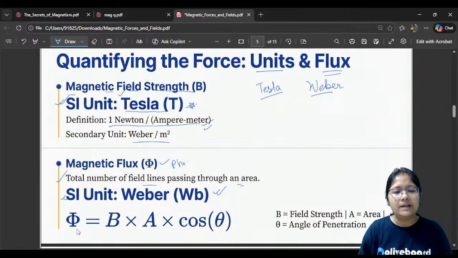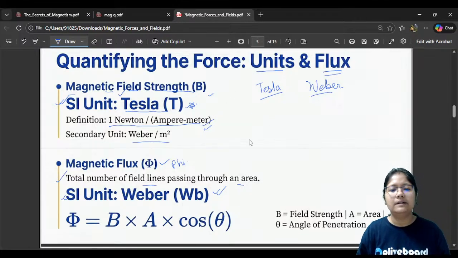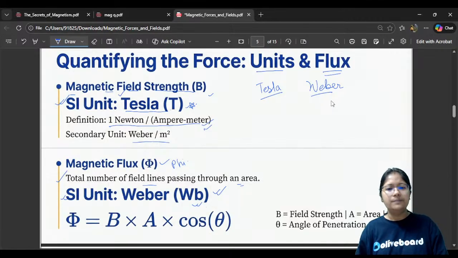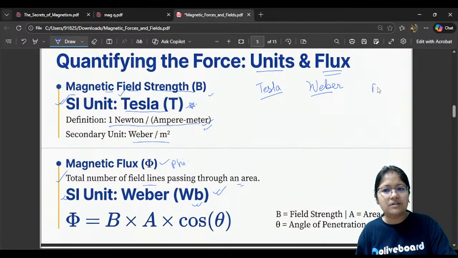And how do you find the value of phi? It is the magnetic field strength, the area which is considered, and cos theta. You remember F s cos theta?